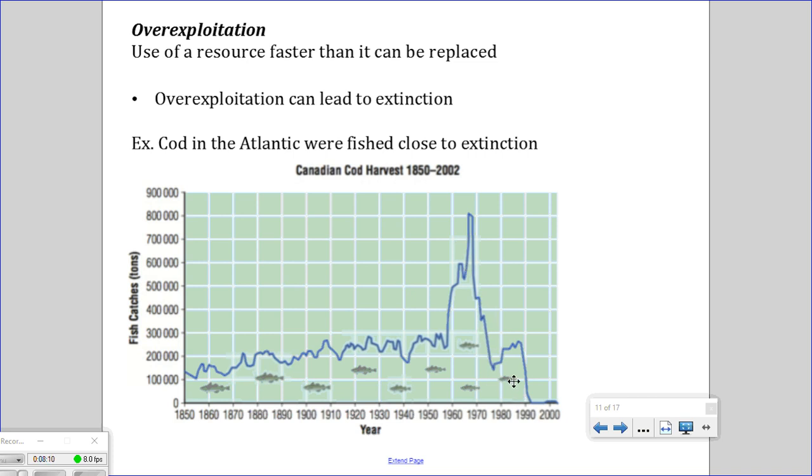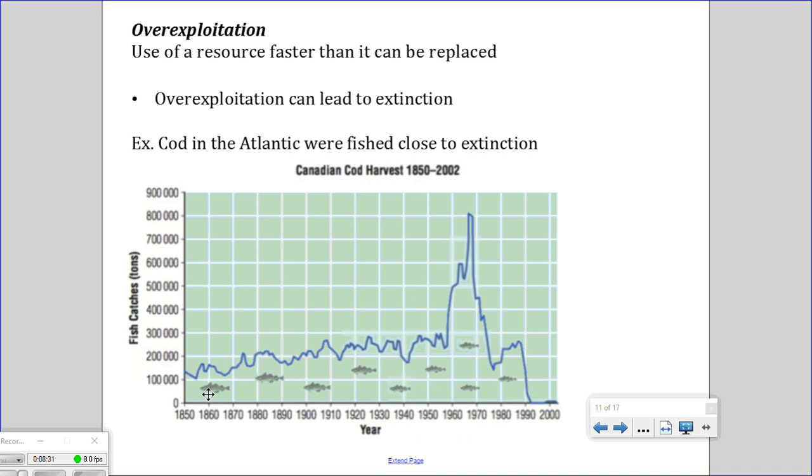That decreased and decreased until it's pretty low, and then around the 1990s, this is when fish catches dropped off to almost nothing. There's almost no fish to catch out in the Atlantic Ocean in terms of cod.